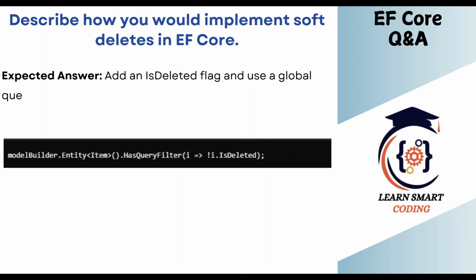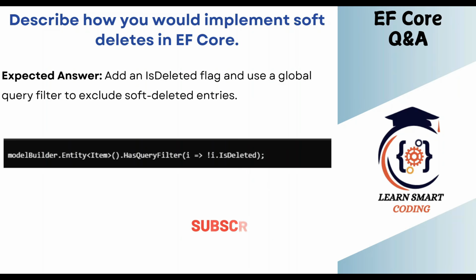Now, can you describe how you would implement soft delete? Soft delete in EF Core, don't panic. Hard delete means a table has a record that you really deleted. That's called hard delete, which you cannot retrieve. Deleted is deleted, done. Soft delete means we might have some flag for a given record, like IsActive, a column. For that particular record, if you make IsActive false, it means the record is there but it doesn't come up.